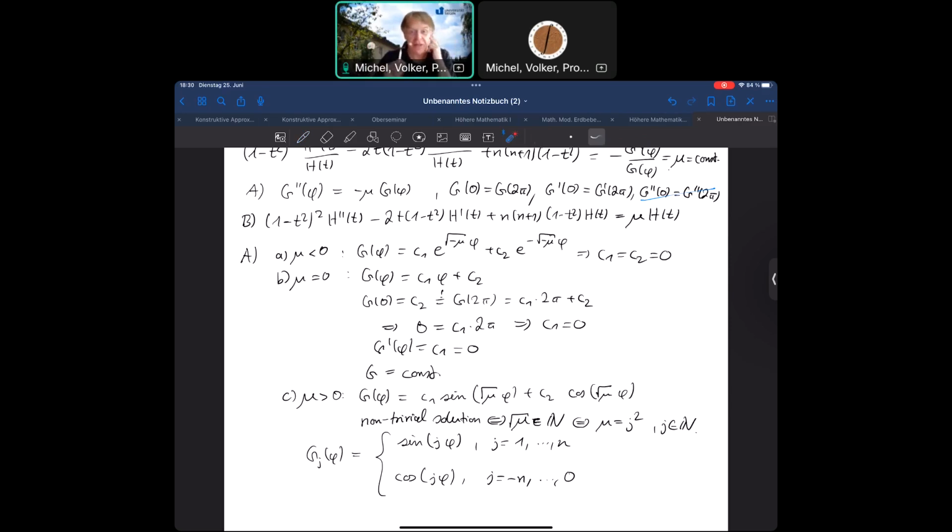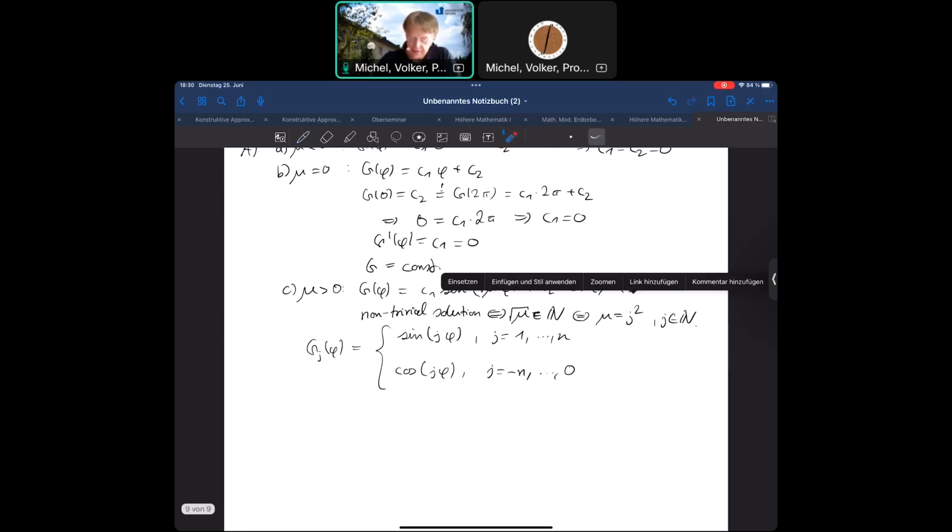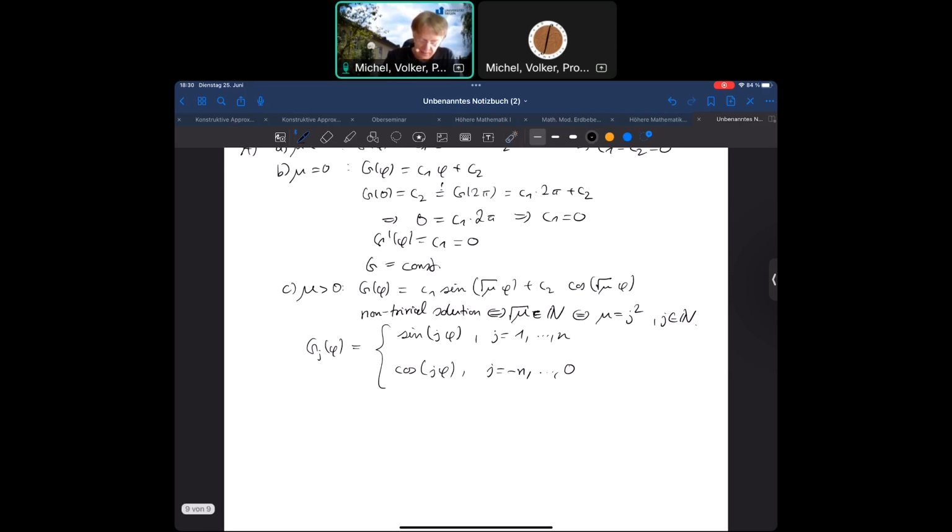And be aware of that, I was hiding something here. Namely, I had this case mu equals 0 with the constant function, and that's hidden here in the case j equals 0. If that's 0, the cosine of 0 is just 1. So the constant case is hidden in that construction. And that's now very helpful, because remember our separation ansatz, and remember something else that we were talking about before.